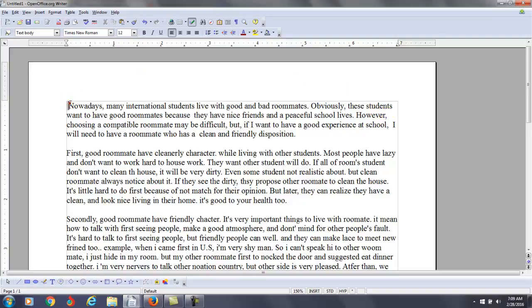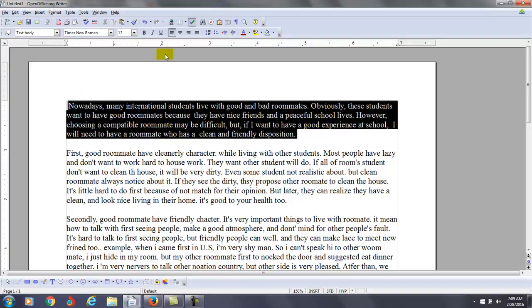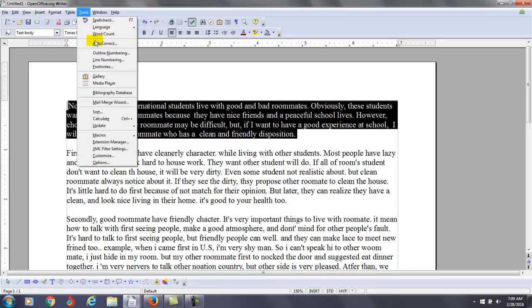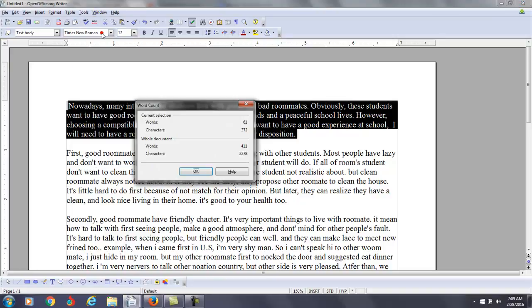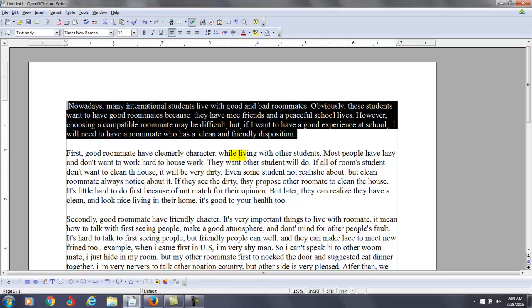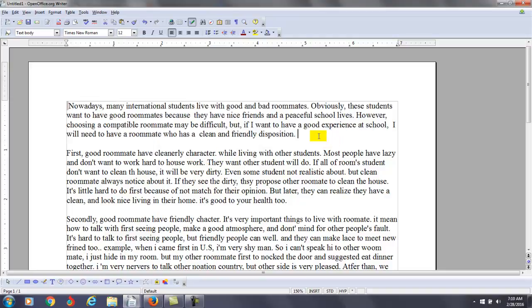So let's take a look at how many words we have. And you have a lot of development. I like what you're saying. We still probably need to develop the idea a little bit more, but let's see what we have so far. We have, nowadays many international students live with good and bad roommates.